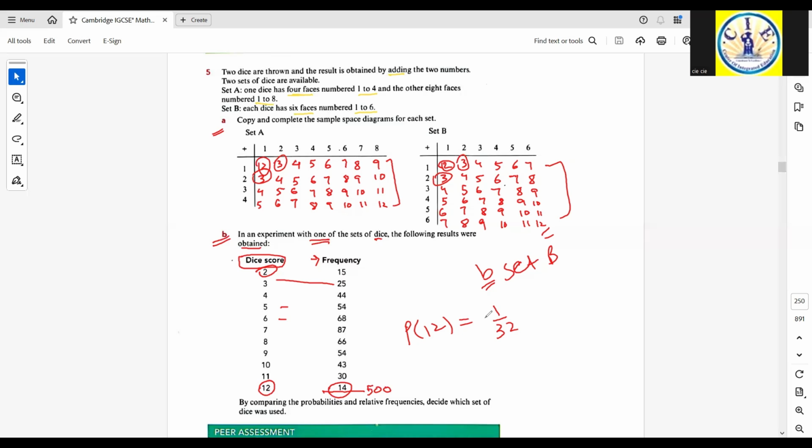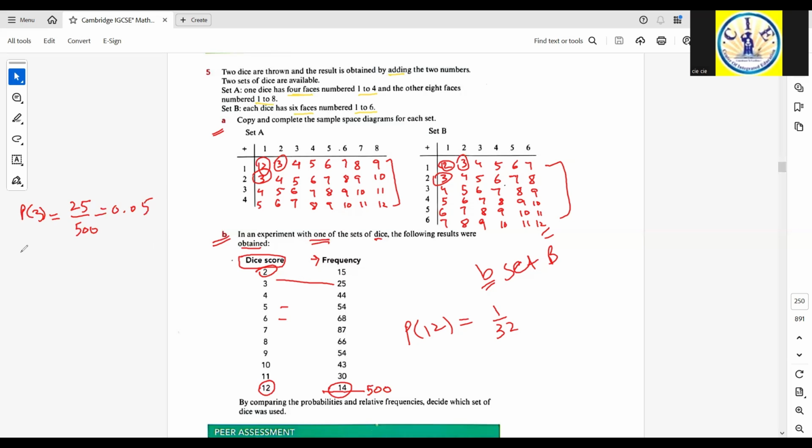If you compare different probabilities, starting from the probability of getting a 3 from this table, the probability is 25 divided by 500, which is 0.05.